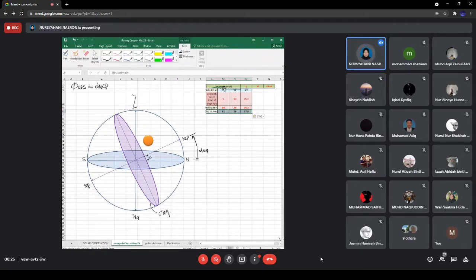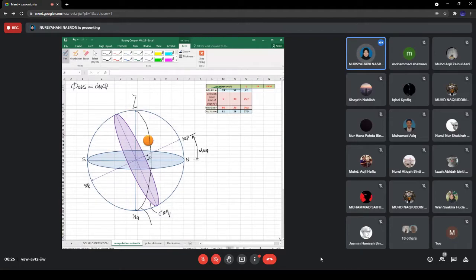The observation azimuth is 81 degrees 27.5 minutes. What is azimuth? The angular distance, the angle from north measured clockwise until the celestial body. First I will draw the celestial altitude circles.